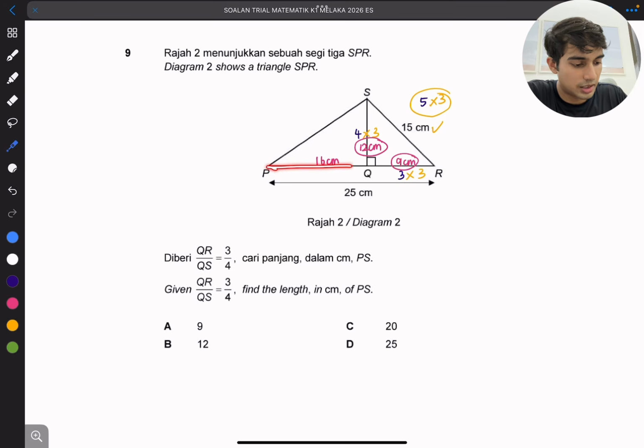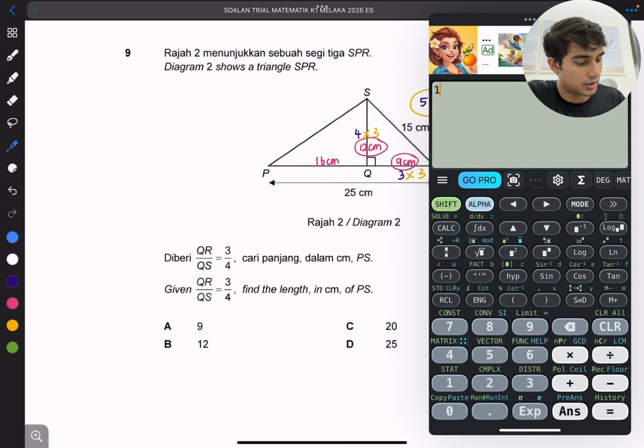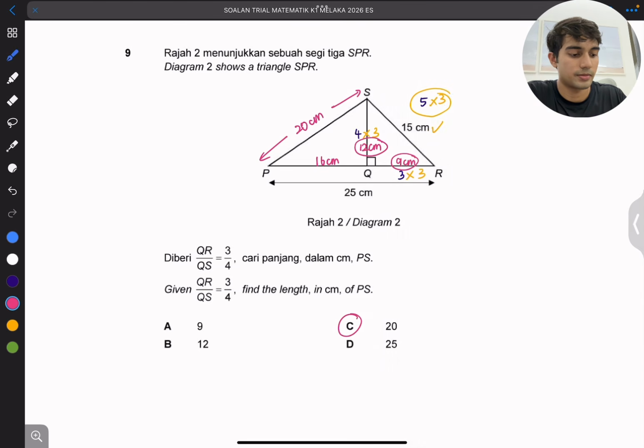So if this is 16, this is 12, Pythagoras theorem, square root of 16 squared plus 12 squared. This will be 20 cm. C. Okay, so you have to solve each right angle triangle separately. You do one by one. That's it.